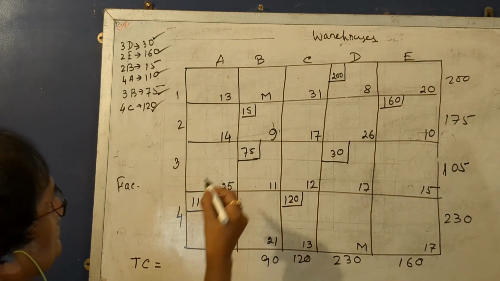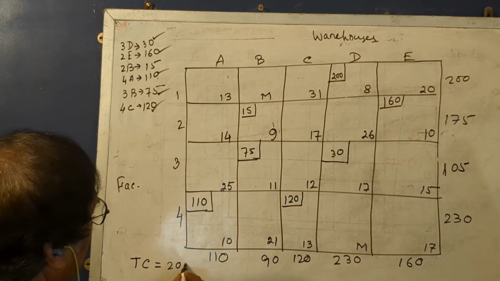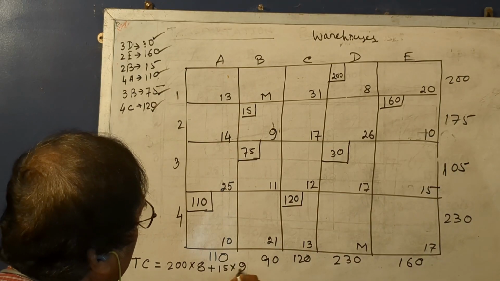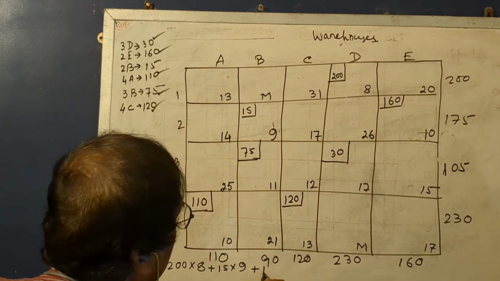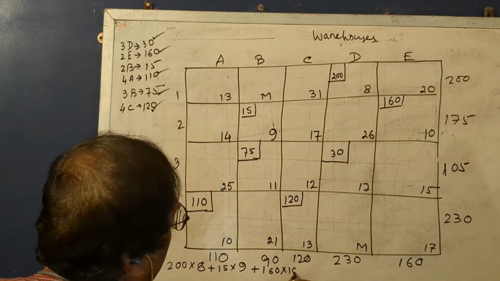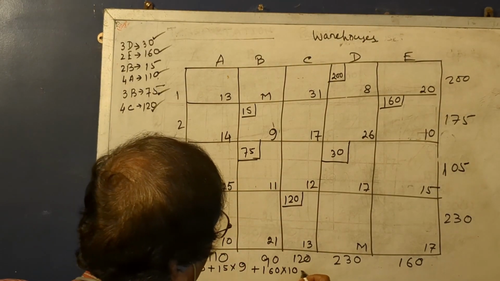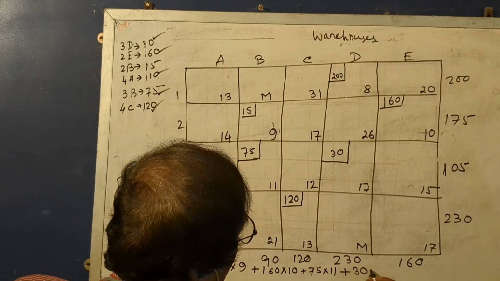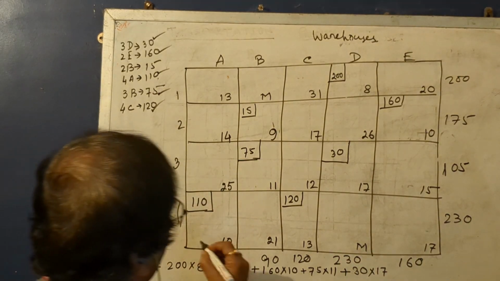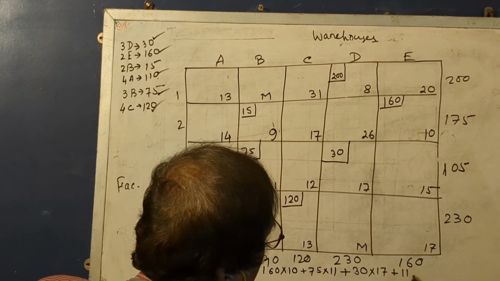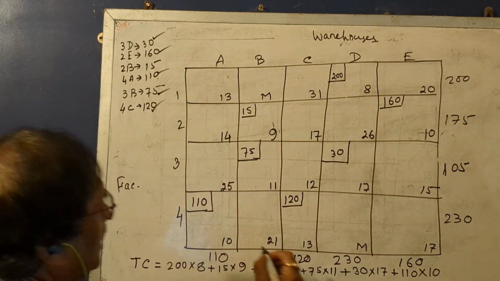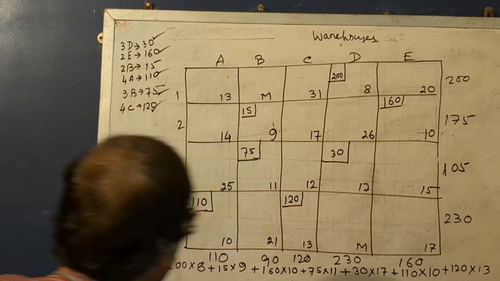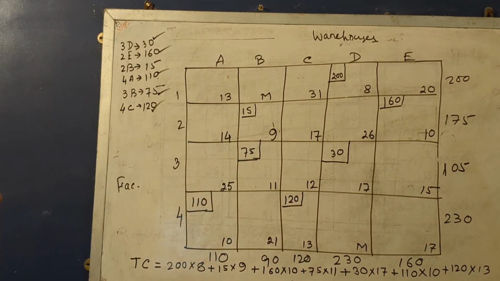What will be the transportation cost? It is 200 into 8 plus 15 into 9 plus 160 into 10 plus 75 into 11 plus 30 into 17 plus 110 into 10 plus 120 into 30, and that will be the total cost by Ham method.